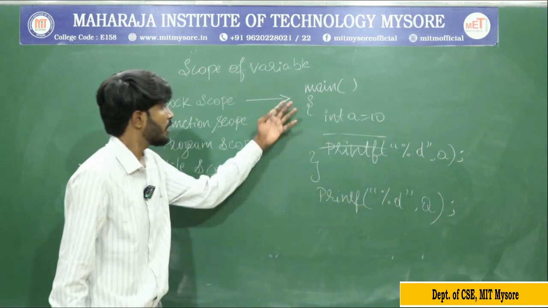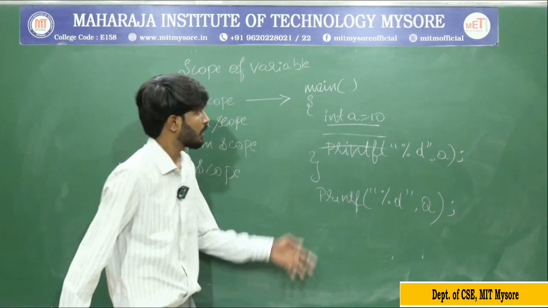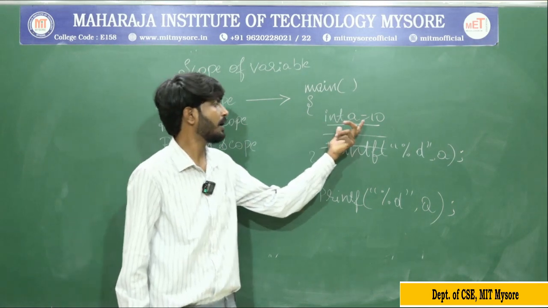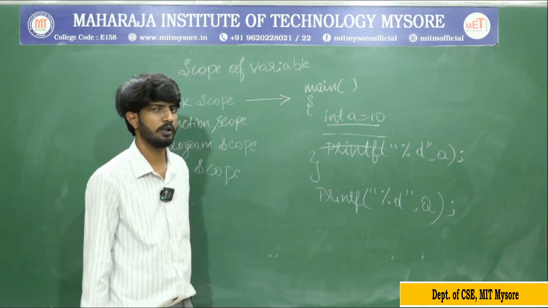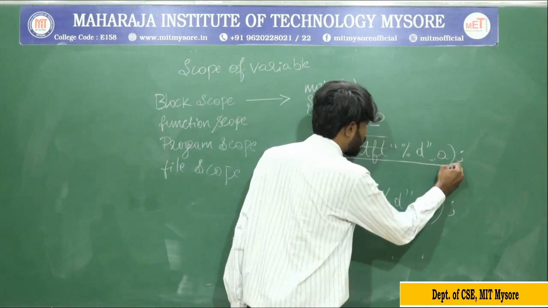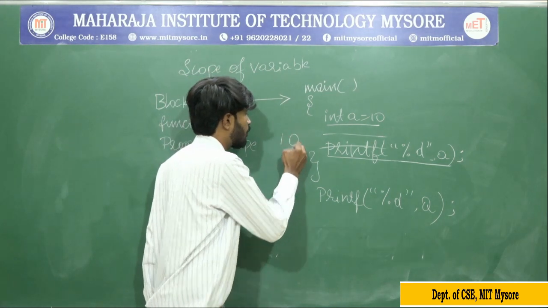So here in the main function, I have used one variable. This function is a block. I have used one variable, a equals 10, and I am going to print that value here. So the value of a will be printed as 10.